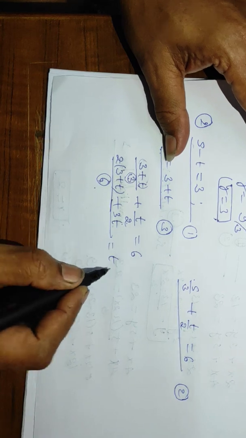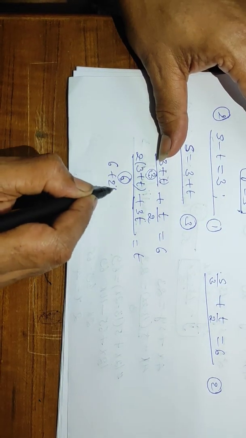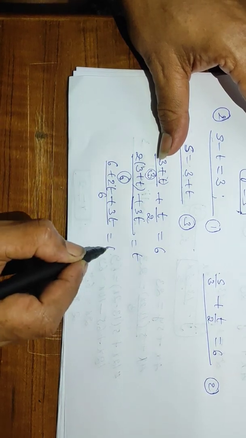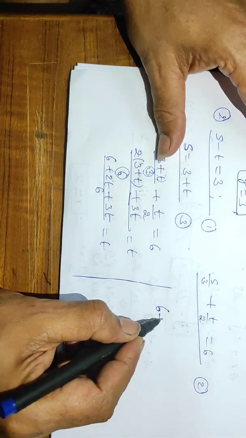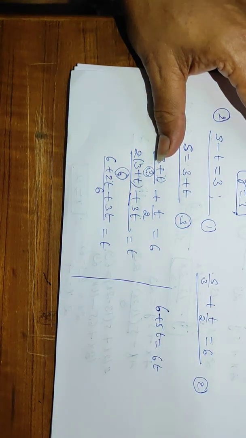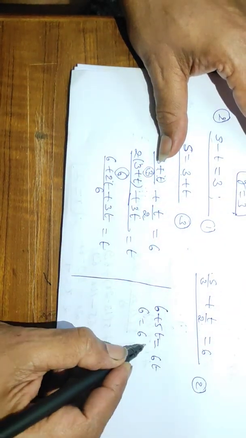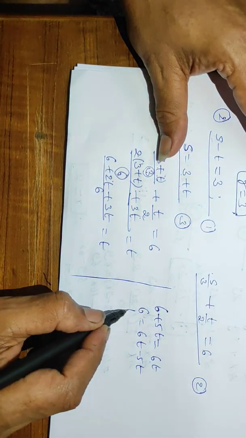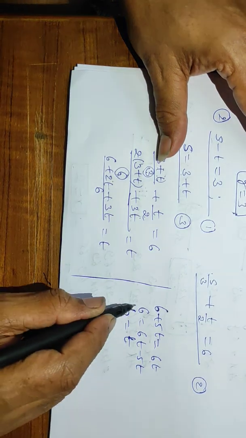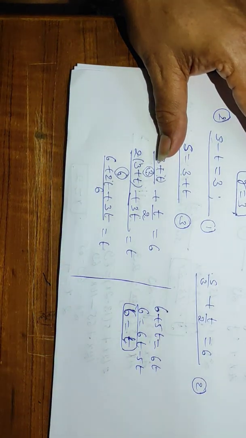So (6 plus 2t plus 3t) by 6 is equal to t. 6 plus 5t is equal to 6t. 6 is equal to 6t minus 5t. 6 is equal to t, or t is equal to 6.